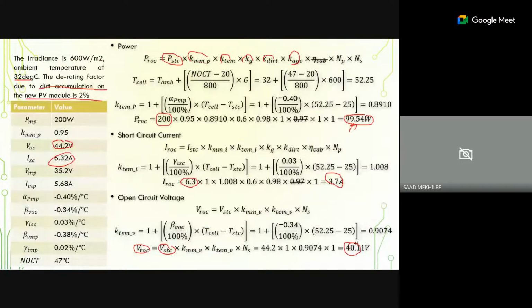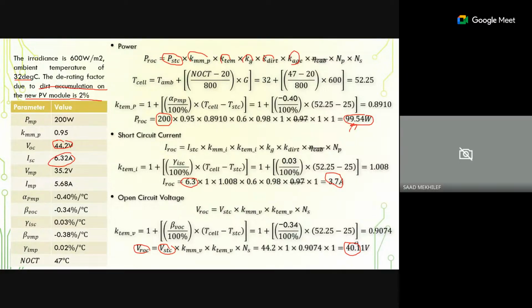Okay. Any questions here? Because I think this is very important. This is actually the real calculation. What I showed you just now is what we call the street rule, a pencil and paper calculation.